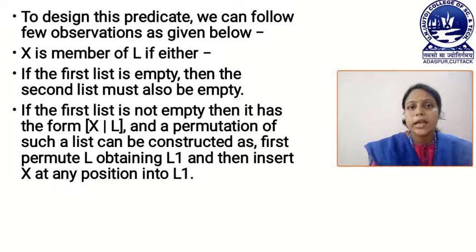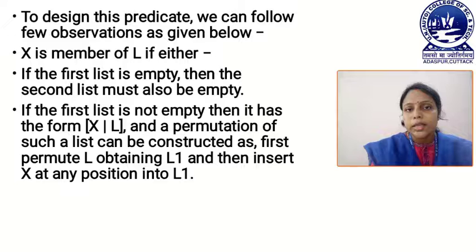First of all, if the first list is empty, then the second list must also be empty. Then next, if the first list is not empty, then it has the form X, then the vertical bar, then L. And a permutation of such a list can be constructed as: first permute the L, obtaining L1, and then insert X at any position into the L1.